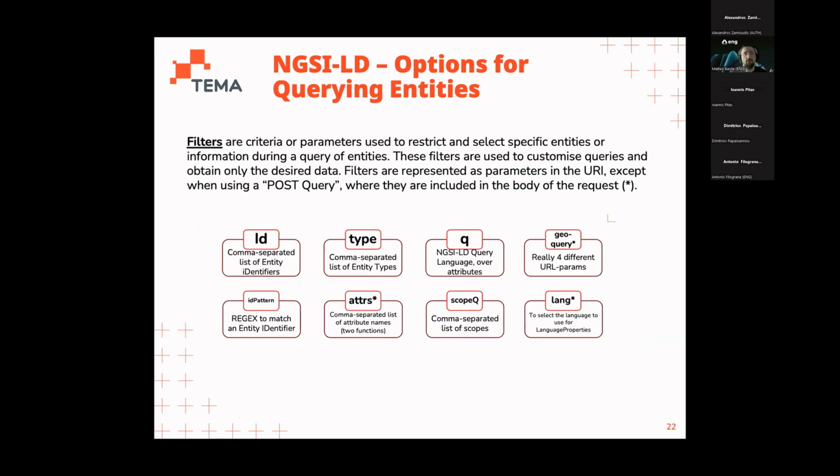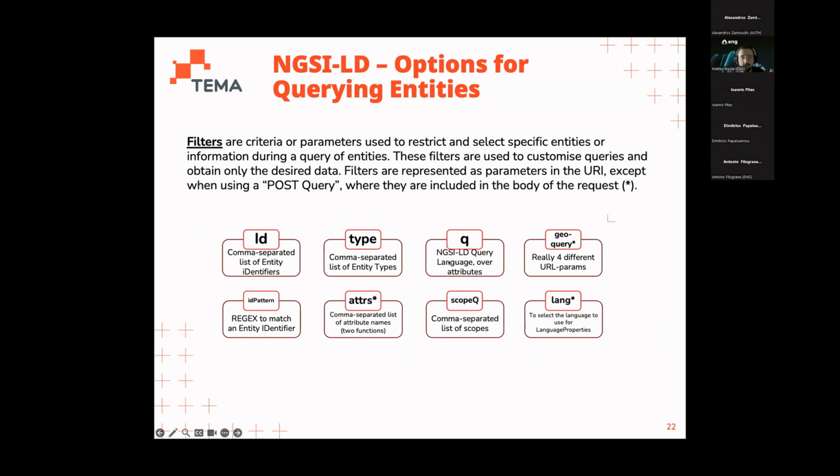And one of the most important APIs is the querying API. Because by using an NGSI-LD context broker, we can get the entities filtered by a specific attribute. For example, filtered by ID in this case, or by type, or we can use query language. Very, very important. We will see an example of this.